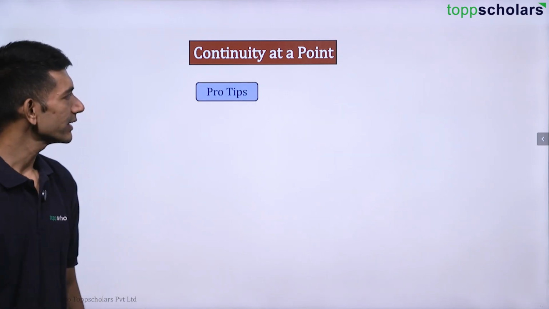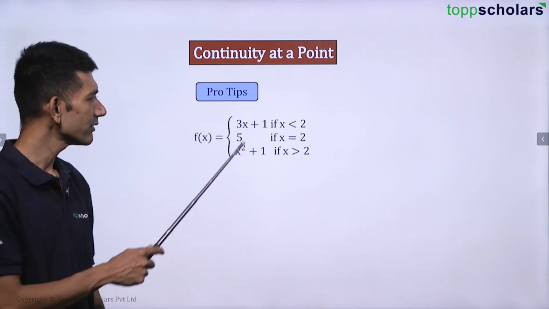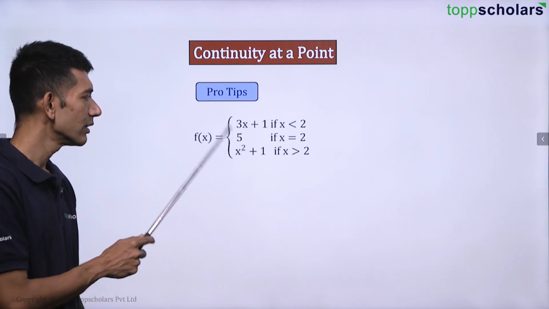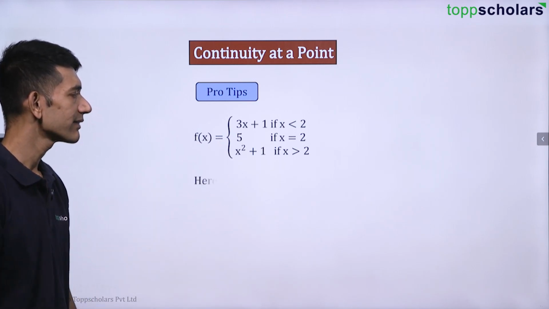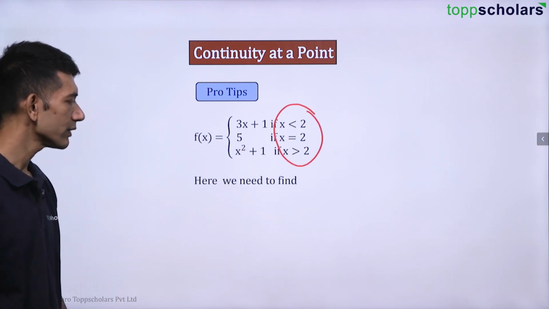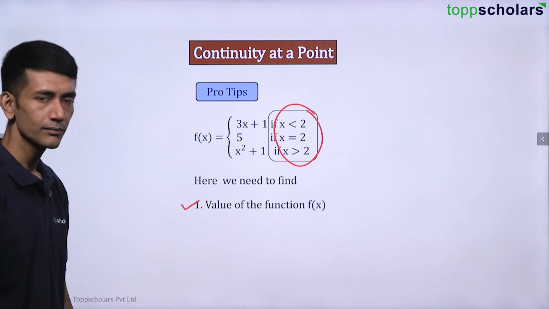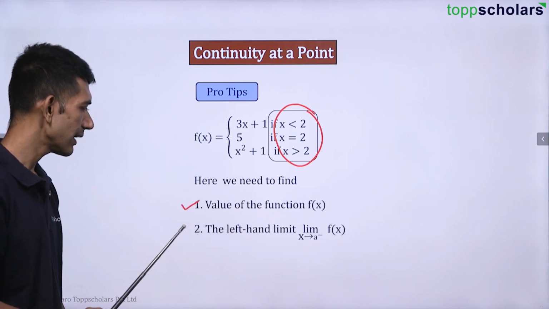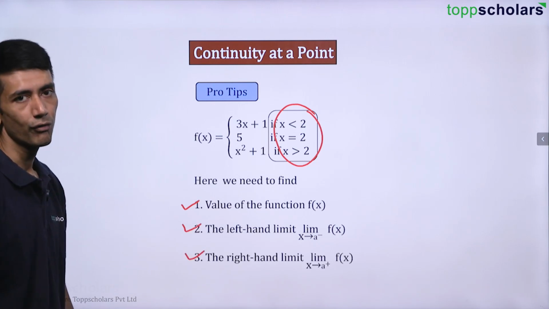Okay, let's continue. Now observe this, we have a function, it is 3x + 1 when x is less than 2, 5 when x is equal to 2, and x square + 1 when x is greater than 2. So whenever you have a piecewise function, always remember, we need to find out the value of the function, we need to find out the left hand limit, we need to find out the right hand limit, all of them.